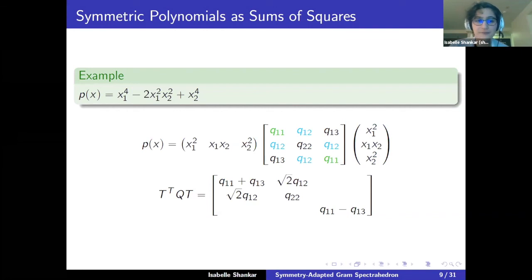Right, so we have S_n acting on the space of degree D polynomials in n variables, and that has some decomposition into irreducibles of S_n with some multiplicity, right?